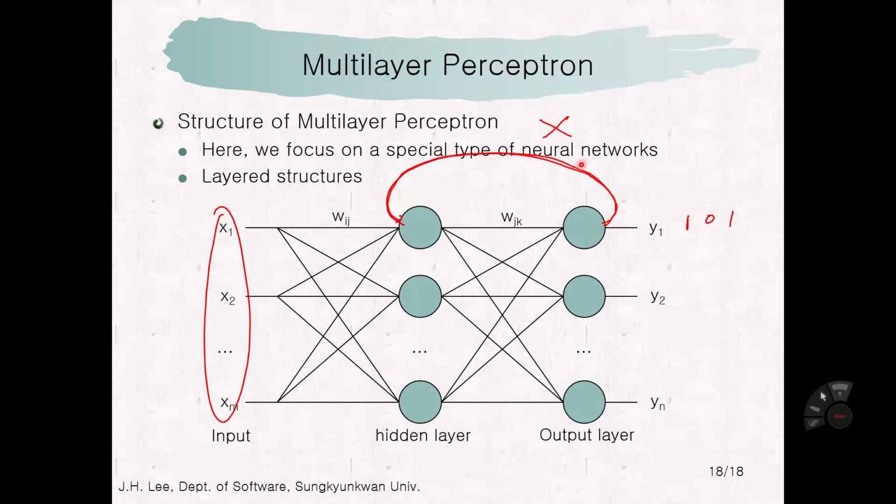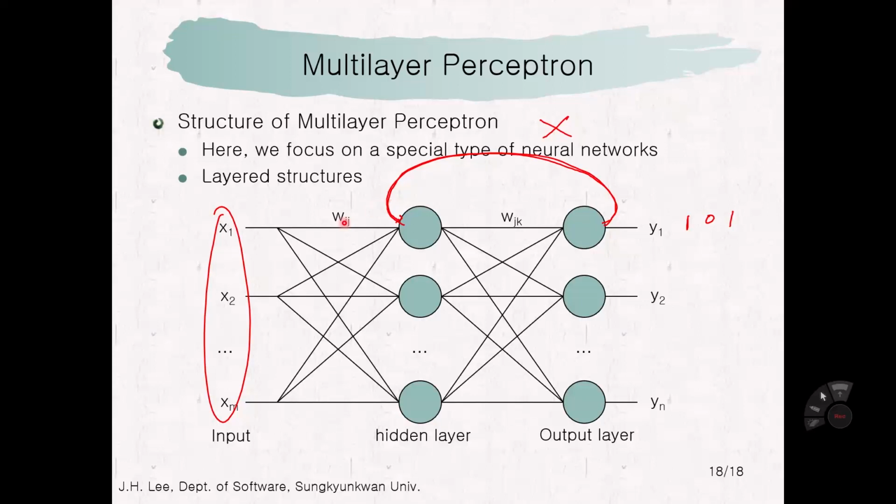So if you put down this kind of loop connection, the output of a neural network may oscillate 1 0 1 0 1 0. If you are lucky, the output may stay at 1 or stay at 0, that's possible. But if you are unlucky, the output value may oscillate 1 0 1 0 1 0. So we cannot determine the value of the output. That's the reason you should not use loop connections.